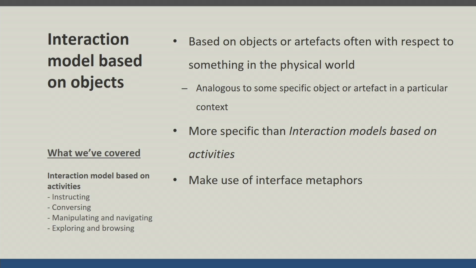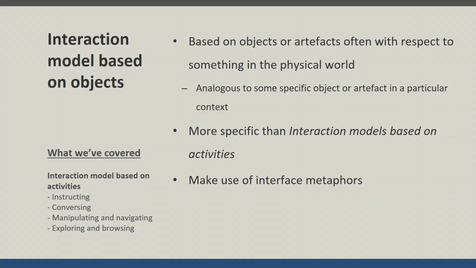Now we are moving into the second category of interaction model, which is based on objects. So in this particular interaction model, the interactions are based on objects or artifacts, often with respect to something in the physical world. Remember what I have just said in the earlier slide, that when you move across these interaction models, there is an increasing attempt to look at the physical world, to draw analogies from the physical world.